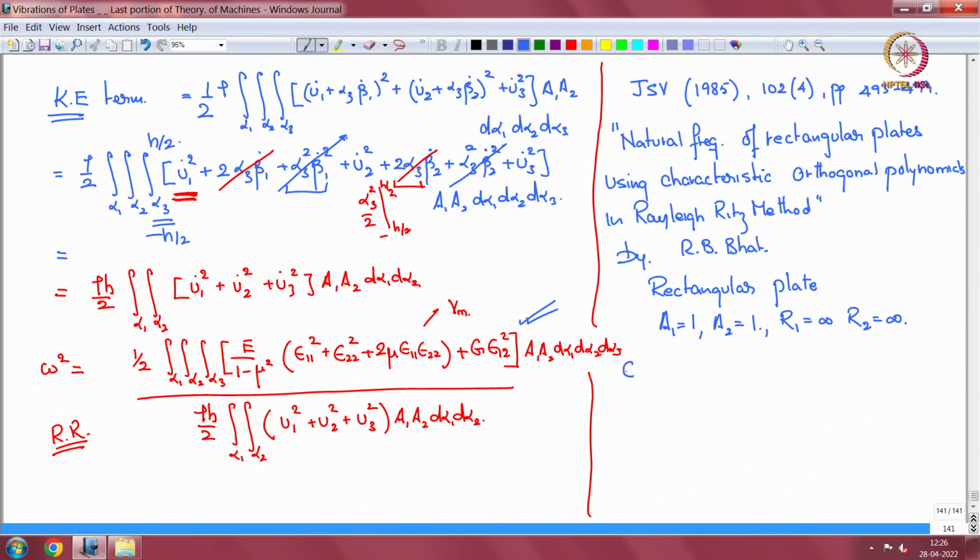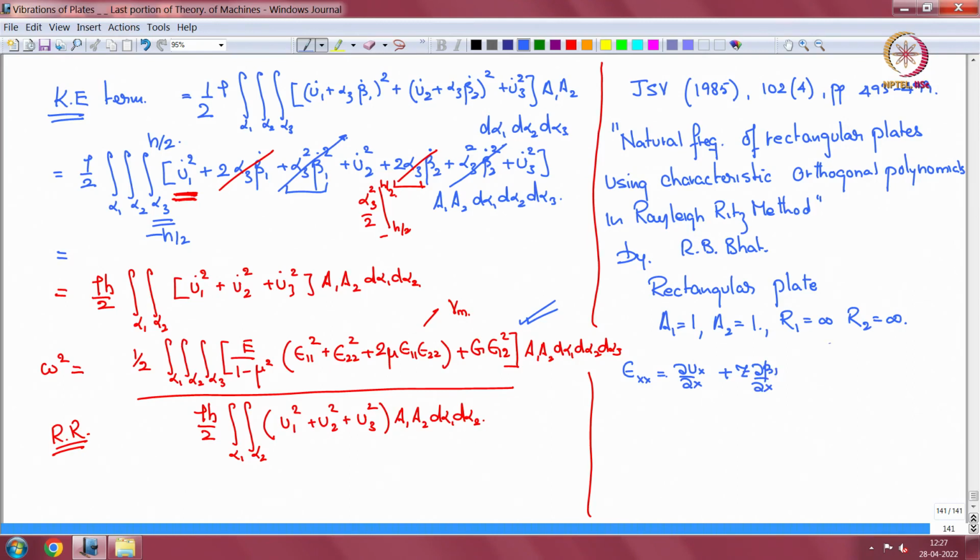And epsilon 1 1, which is epsilon x x, is equal to del u x by del x plus z del beta 1 by del x.